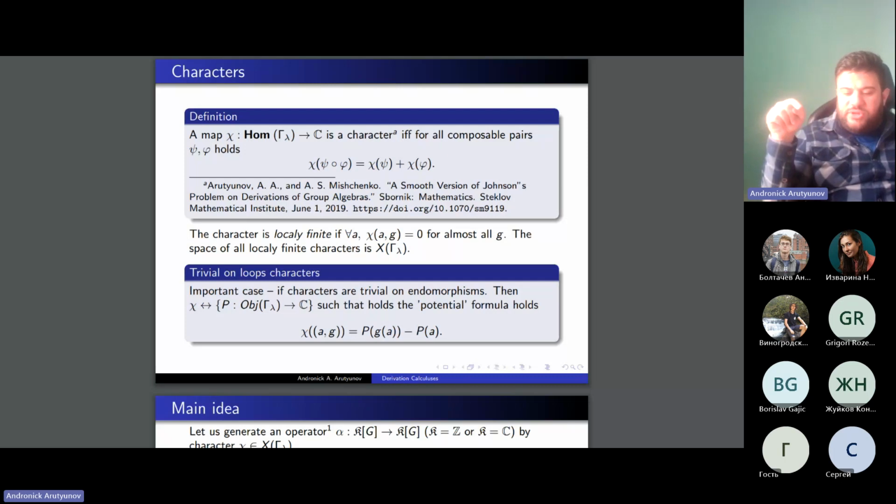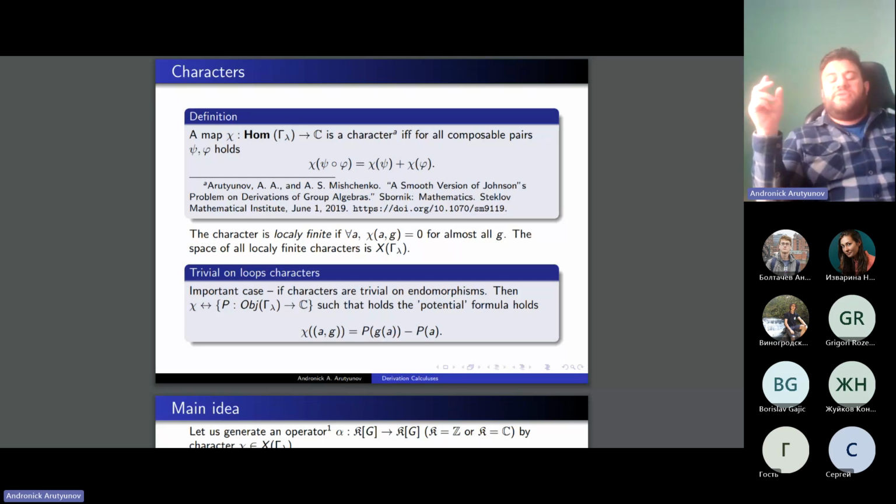And on the composition, you must have the sum of the numbers which were written on the composing arrows. So this is the identity for the character. For physicists, it means that if you have got two actions, then on the result of them you have got a sum of actions.